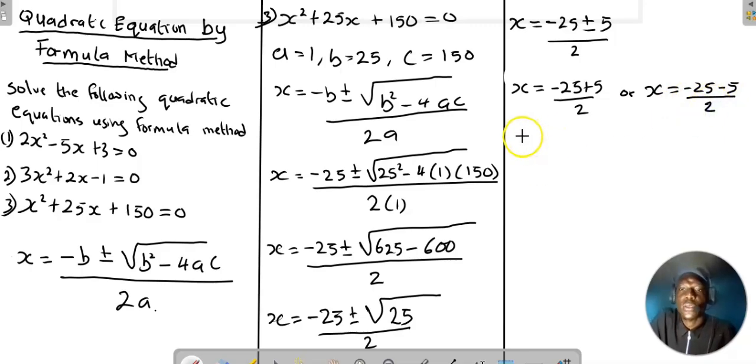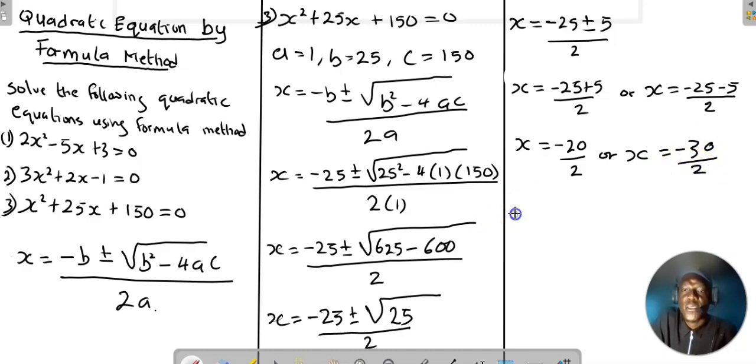So our x here will be equal to minus 25 plus 5, that gives us minus 20 over 2, or our x is equal to minus 25 minus 5, that gives us minus 30 over 2.